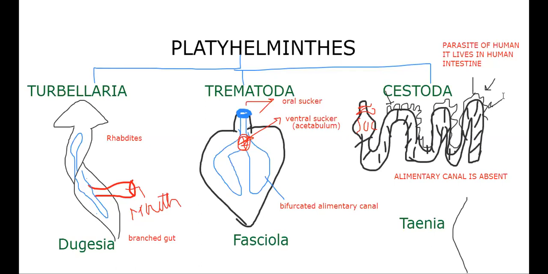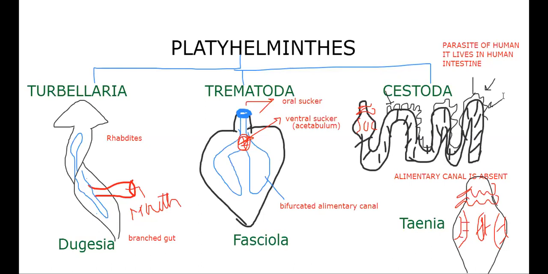Have you seen the head-like structure there that we call the scolex? In that scolex, four suckers are present. So these are the suckers. I can't show the fourth one, it is on the other side. And hooks are present.